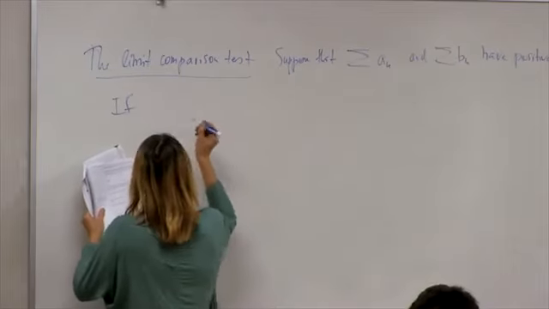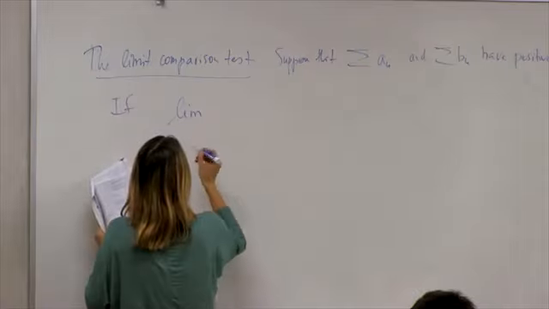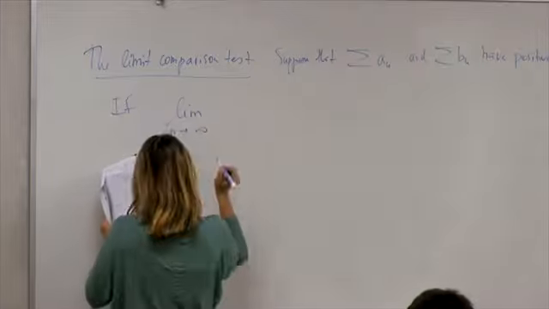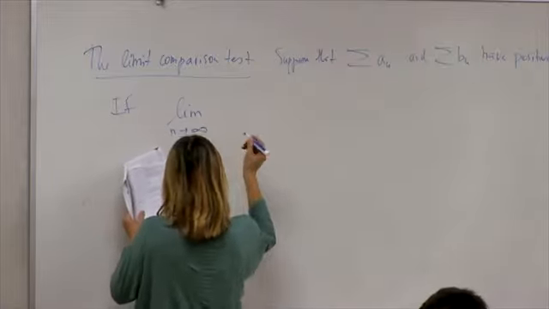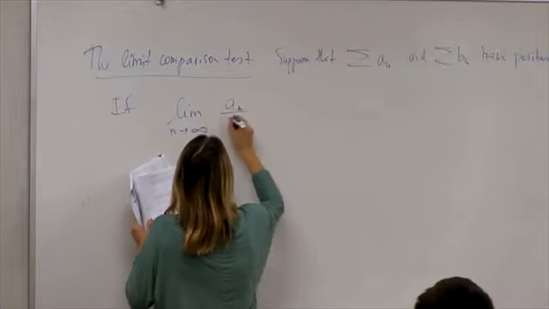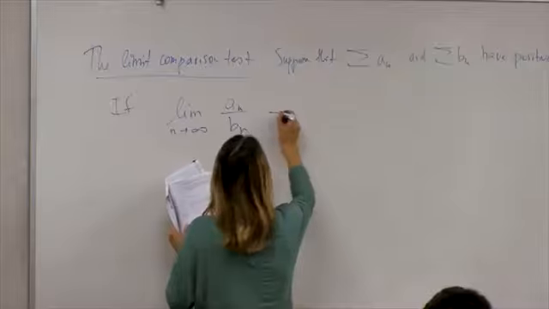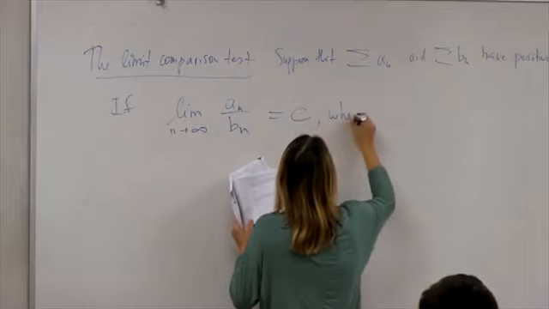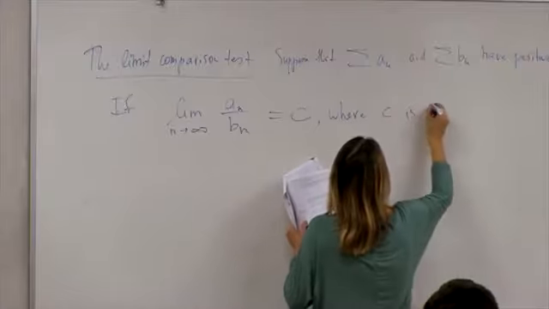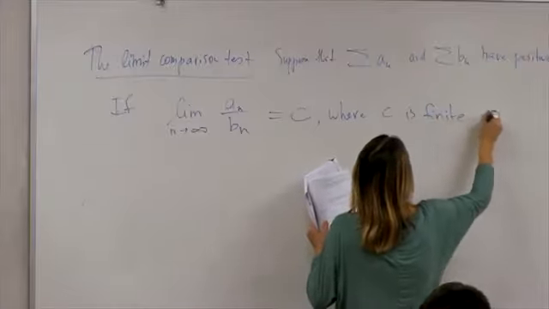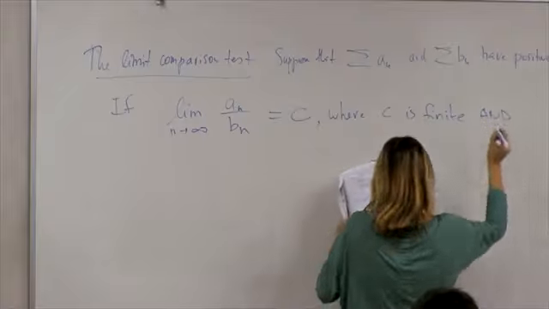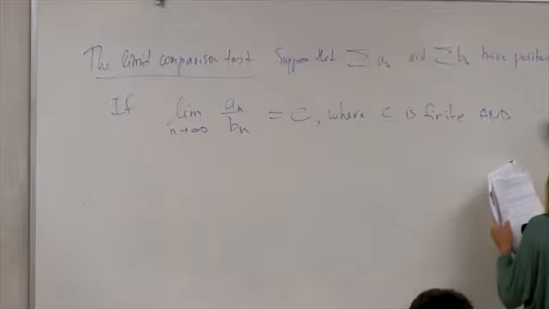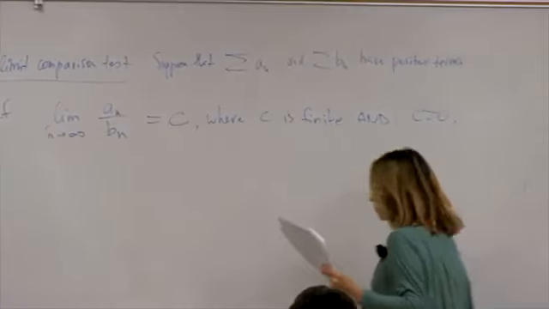Then we have to look at the limit. Instead of looking at inequalities, we're going to study limits of the following object, where c is finite and c is greater than 0.